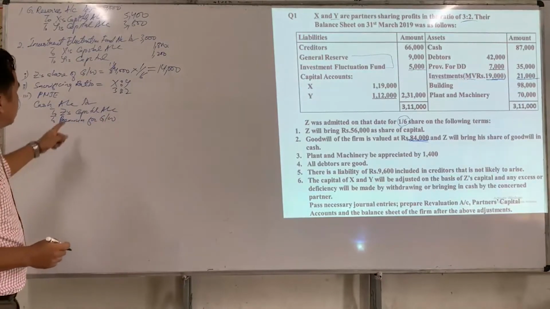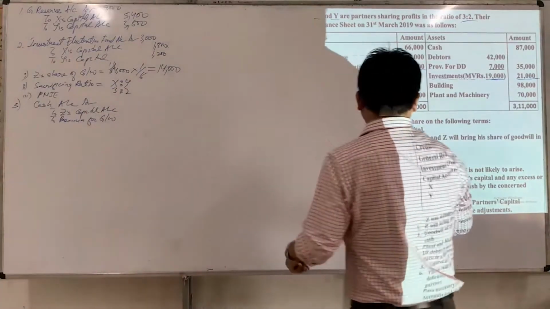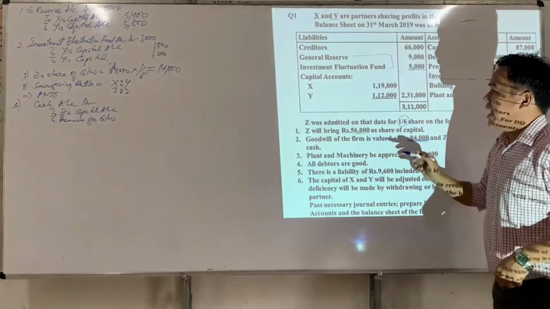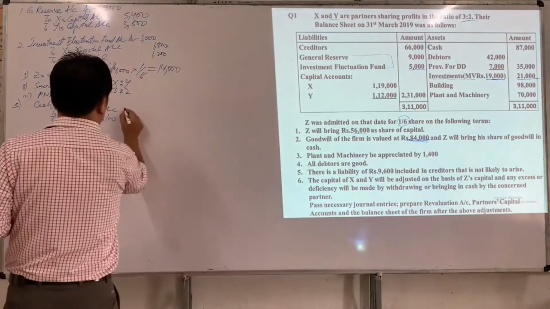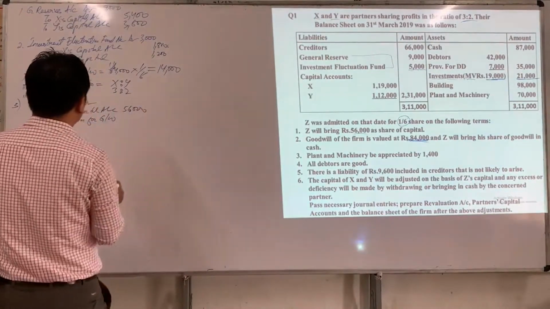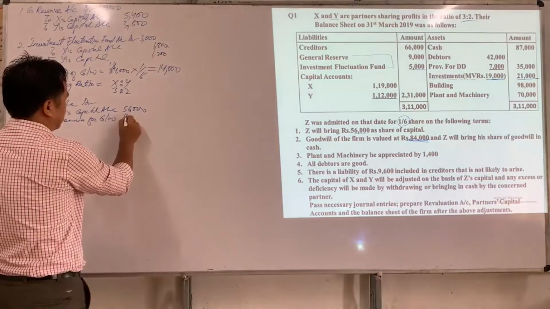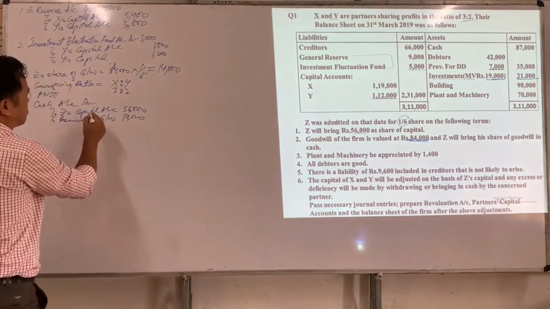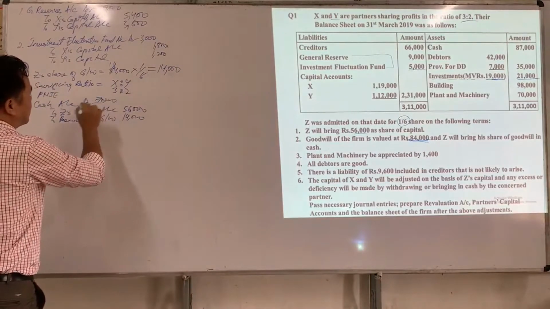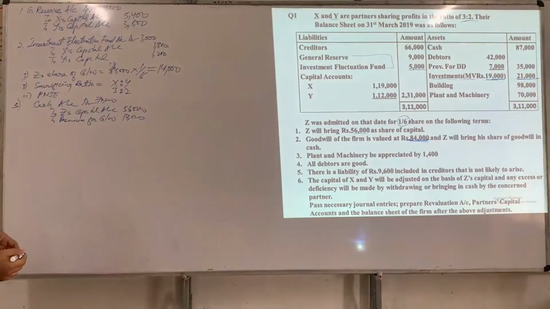Here Z has brought rupees 56,000 as his capital and rupees 14,000 as his share of goodwill. In total, he has brought rupees 70,000 towards his capital and premium for goodwill.